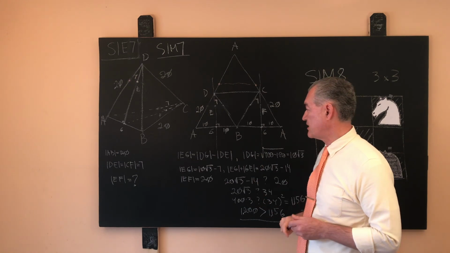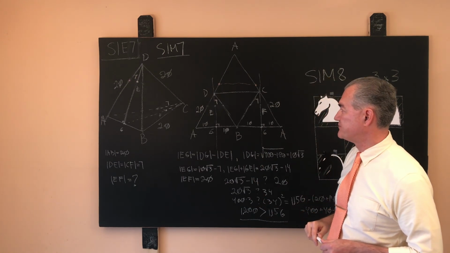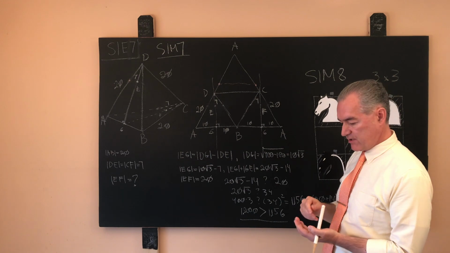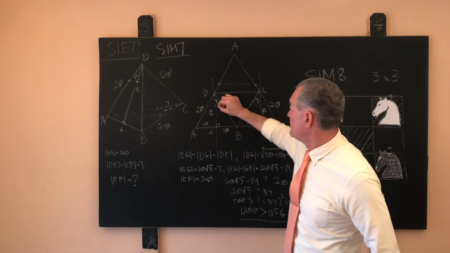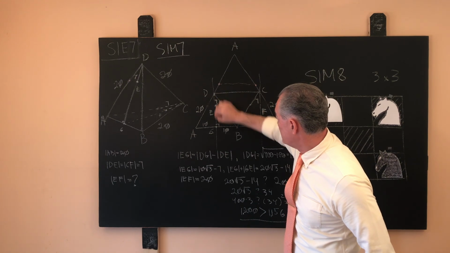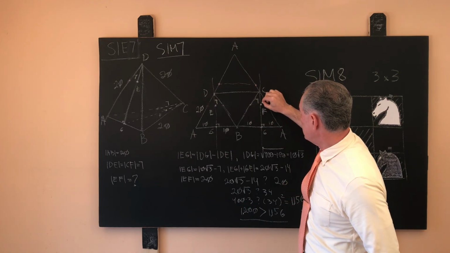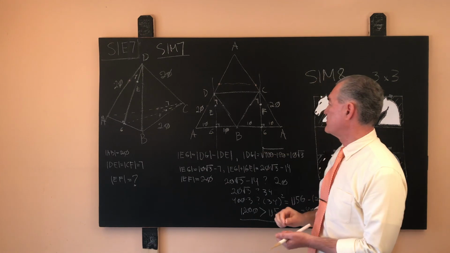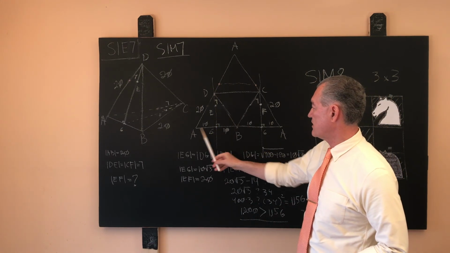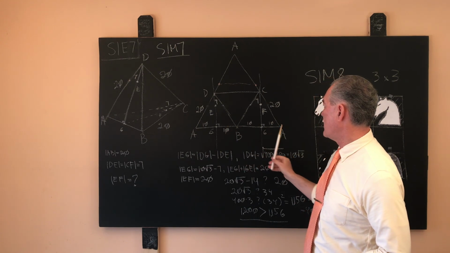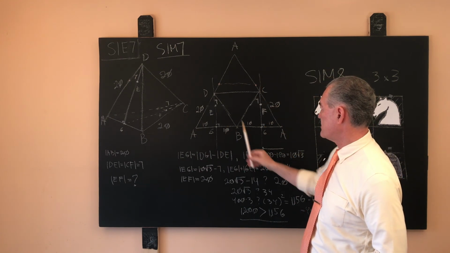You guys understand what is going on here. Consequently, in this particular net, the departure point E and the destination point F will be located on the heights of the triangles ABD and ABC, as shown here and here.